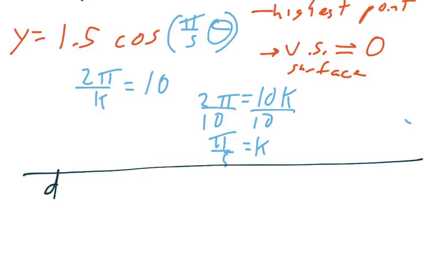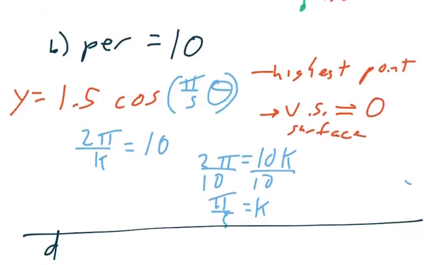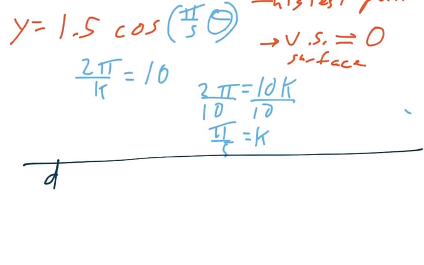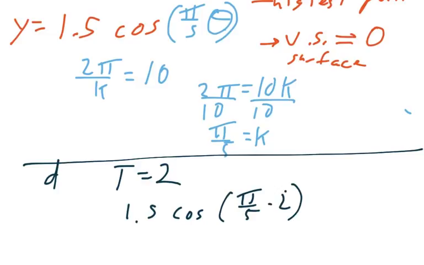In part D, so the amplitude was A, the period was B, and the equation was C, it says to find the height at 2 seconds. So we plug in 1.5 cosine pi over 5 times 2, and that turns out to be 0.463, and we're talking about feet above the surface.